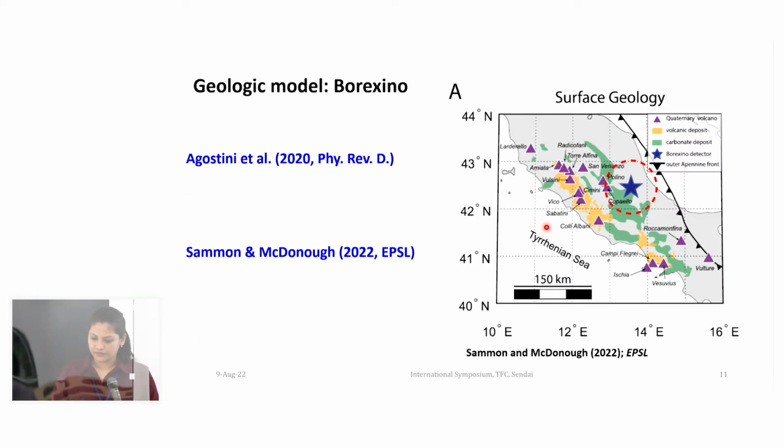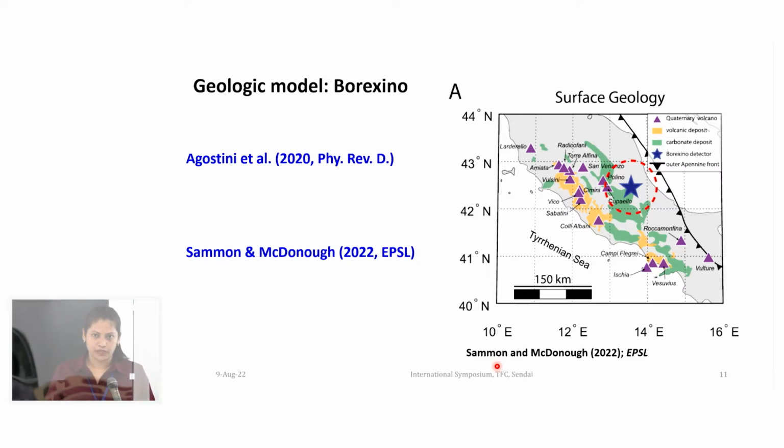So here is the geological model of Borexino, which was recently published by Agostini et al. in 2020. On the right is the surface geology, which has recently been published by Salmon and McDonough in 2022.